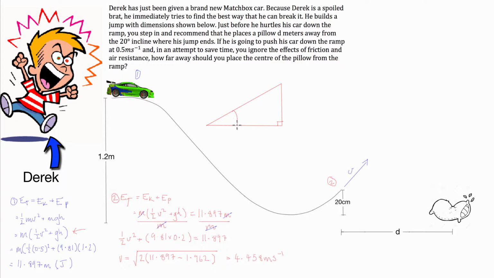Now it says our launch ramp is 20 degrees. So that's 20. And we know that his launch velocity is 4.458. We just worked that out. And that's meters per second to the -1.